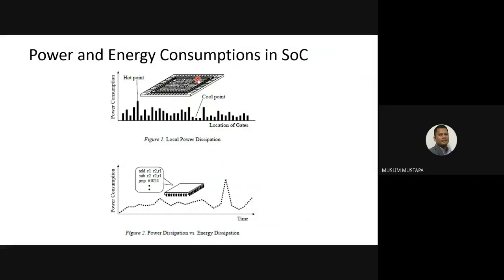Floating point means calculation involving point numbers. If the application that you are using is focusing on floating point processing, then this particular point of the SoC is going to be heated up a lot. So that's why we can see here they map the power consumption in terms of the location on the chip.